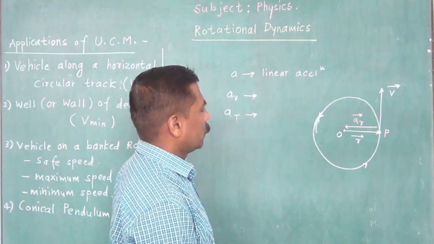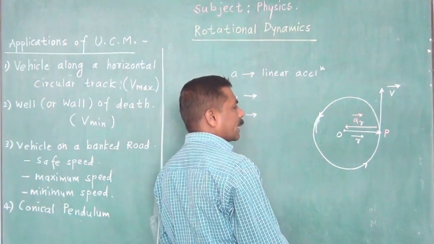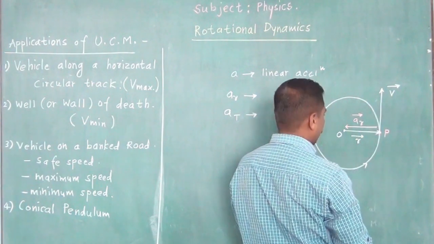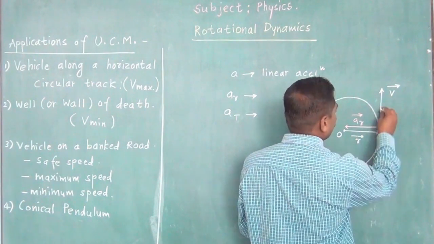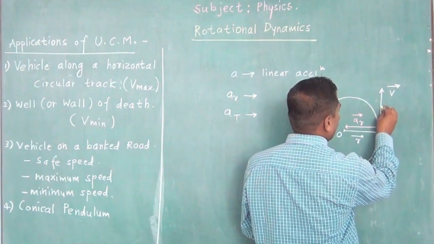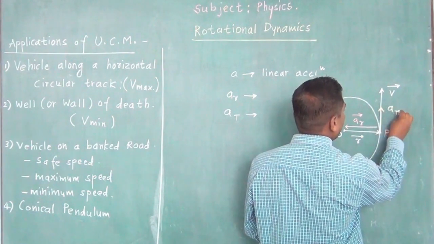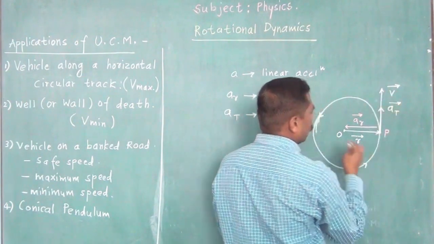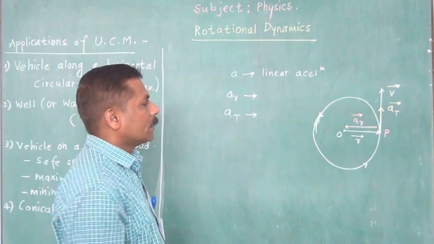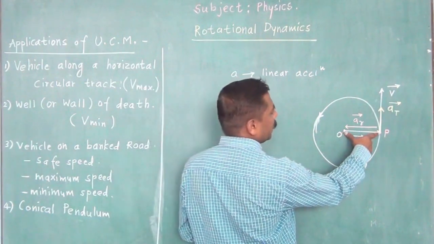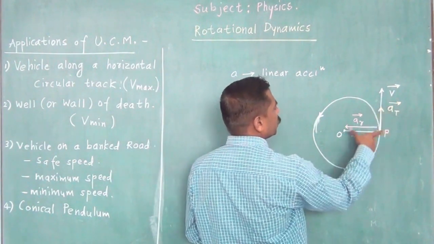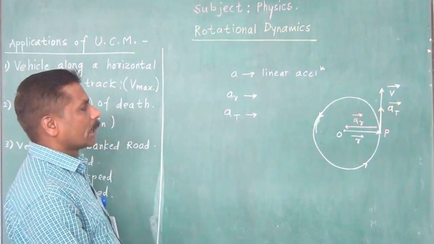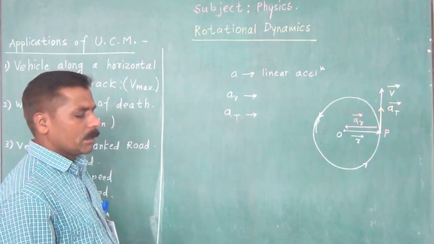The tangential acceleration is along this direction, maybe upward or downward. The radial acceleration and tangential acceleration are always perpendicular, because of the radius-tangent perpendicularity theorem.